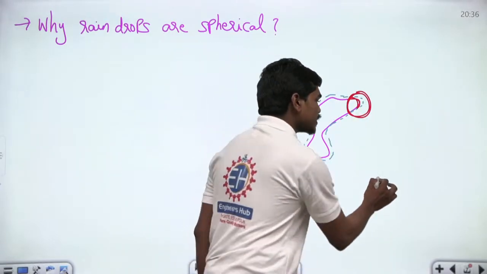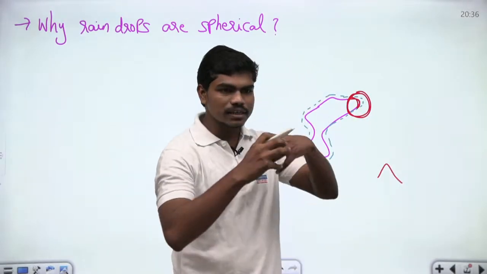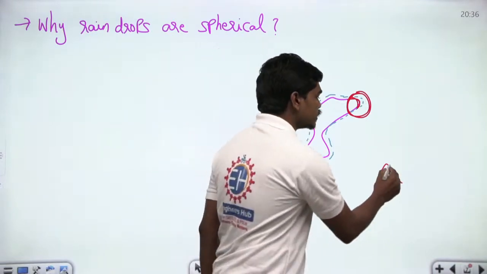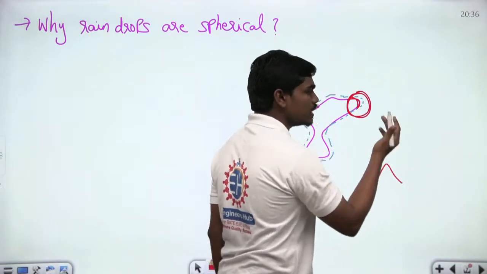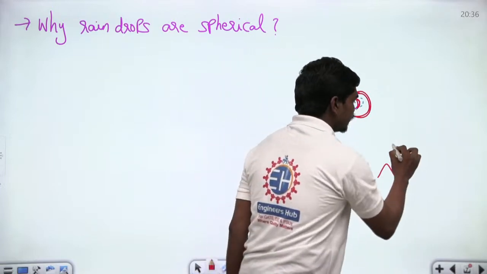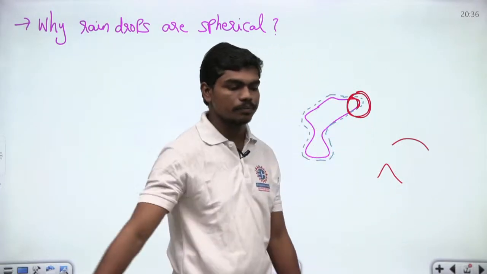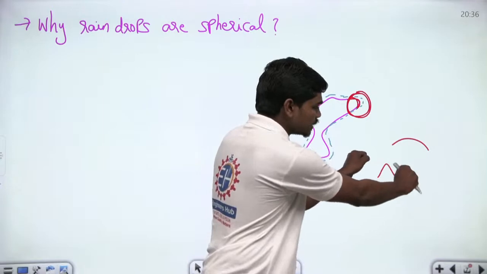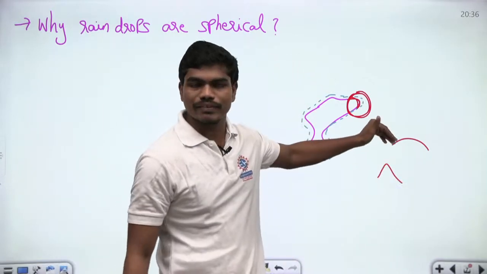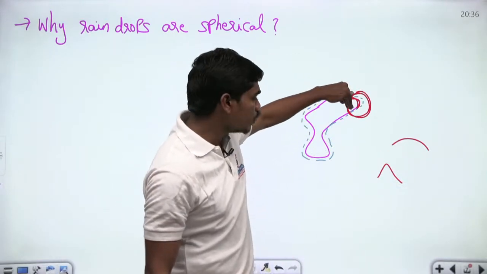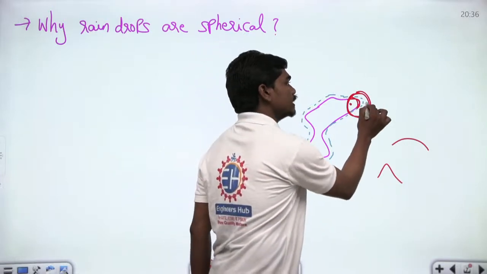If there is some irregularity in the surface, it is subjected to stretching, and the surface which is initially like this gets a smooth circular shape when it gets into the atmosphere. Because of the stretching that happens due to surface tension effects and the imbalance of cohesive and adhesive forces at these two locations.